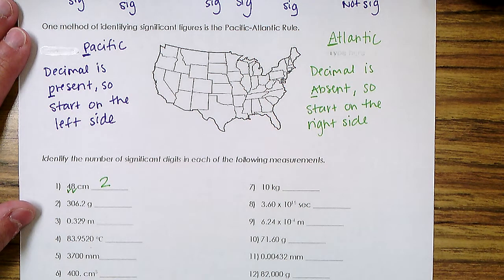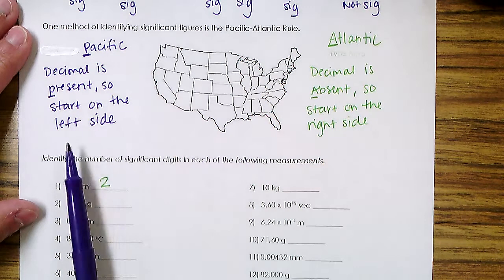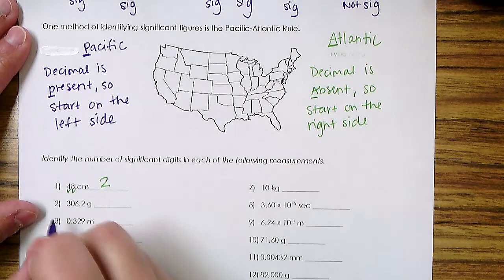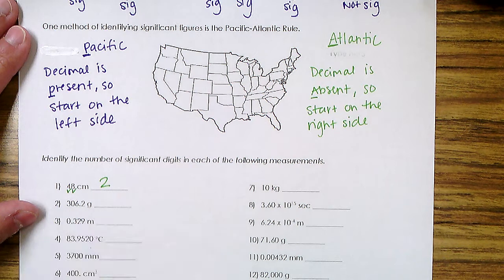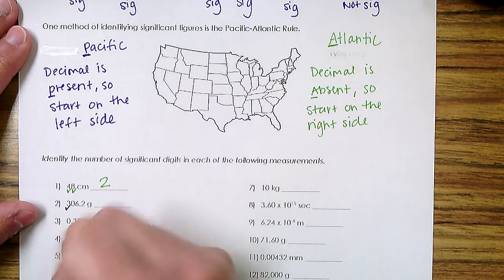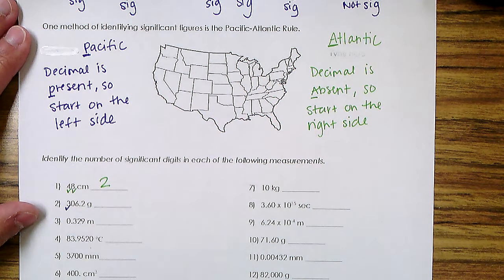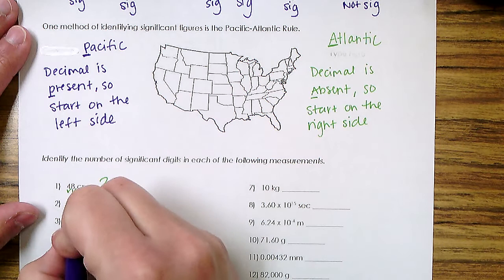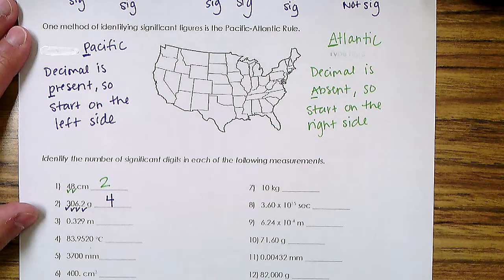So let's check out number 2 here. There's a decimal present, so I'm going to use the rule for Pacific, which tells me I'm going to start on my left side. I'm going to wait till I come to my first non-zero number. 3 is a non-zero number, so it's significant. Once I say yes that something is a non-zero number, everything else in that direction is significant. So we have 4 sig figs there.